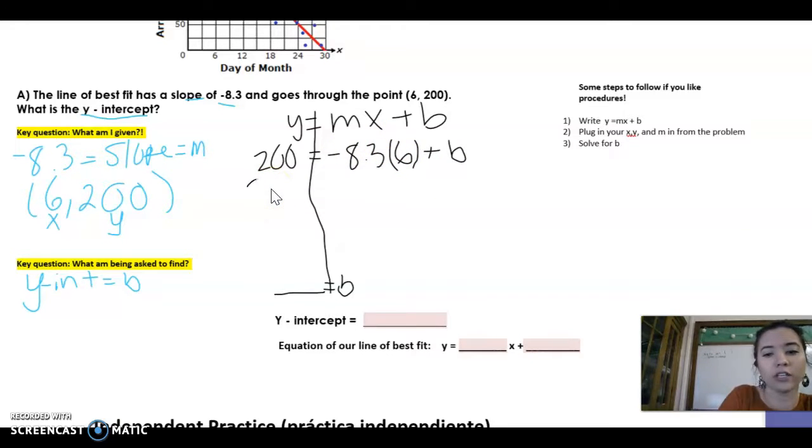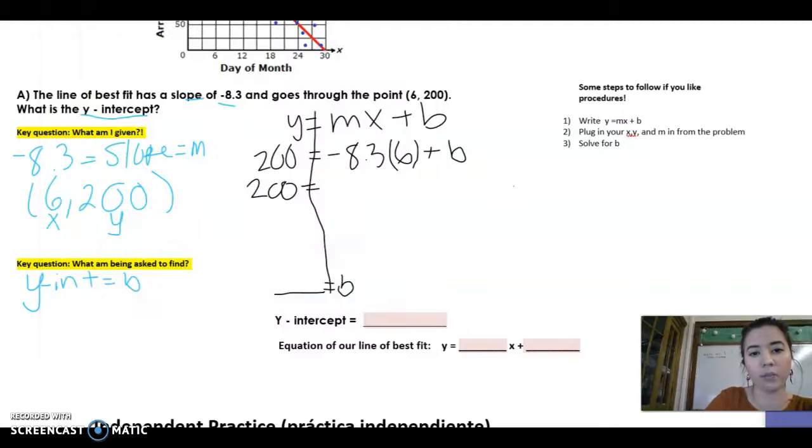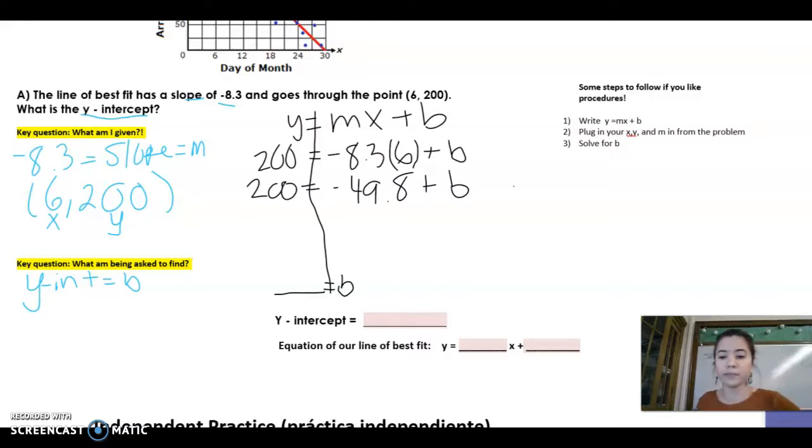So 200 is going to equal whatever negative 8.3 times 6 is, and it's negative 49.8. So we have negative 49.8 plus b. And then now we have negative 49.8 with my b. Again, I want b by itself, so we're going to move a negative 49.8. The inverse or the opposite of a negative 49.8, what's that?